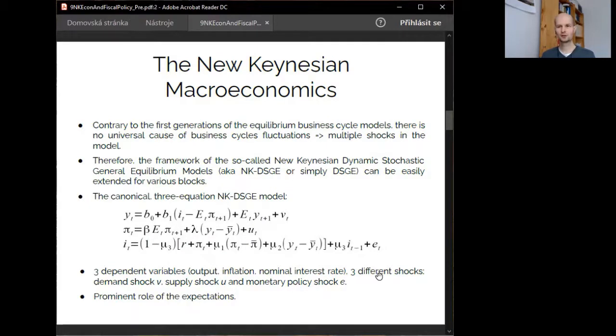So the framework of the so-called new Keynesian dynamic stochastic general equilibrium models, very often abbreviated as NK-DSGE or simply DSGE, can be easily extended for various blocks and for different shocks, which are believed to be more important than the others. So monetary policy shocks appear there.